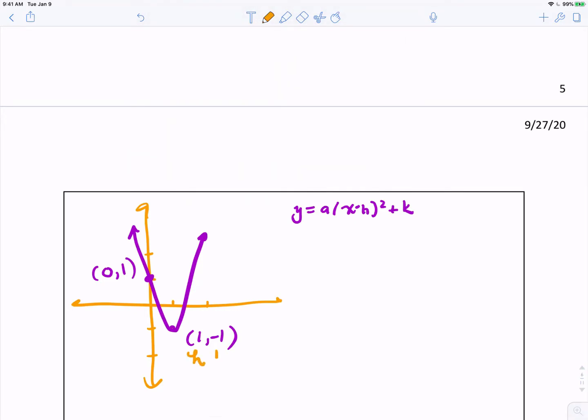So h = 1 and k = -1, and this starts off as y = a(x - 1)^2 + -1.